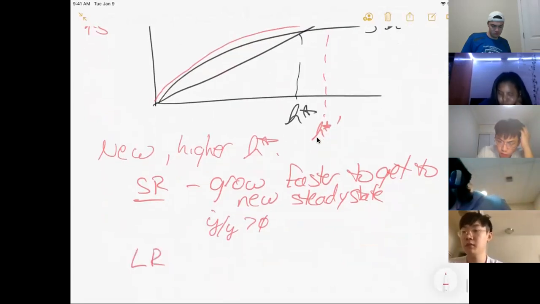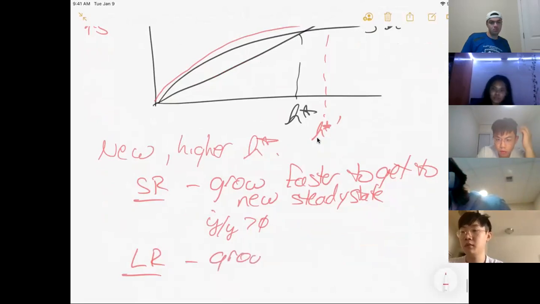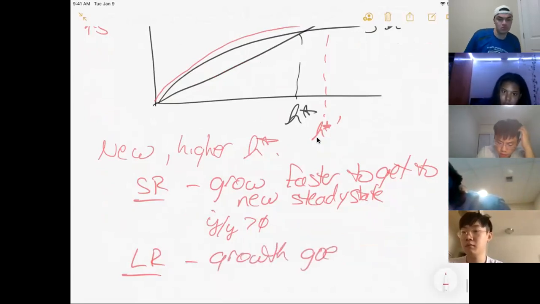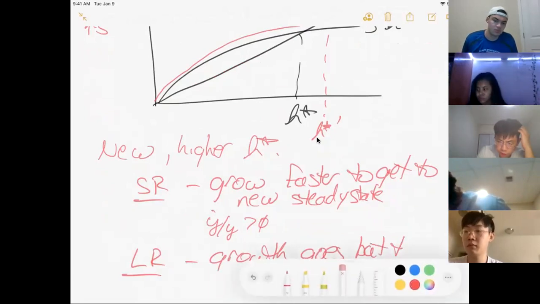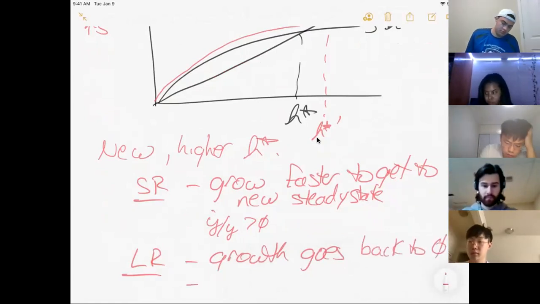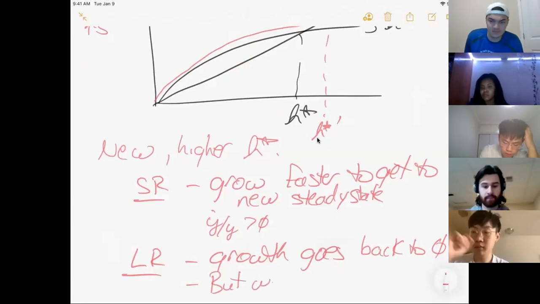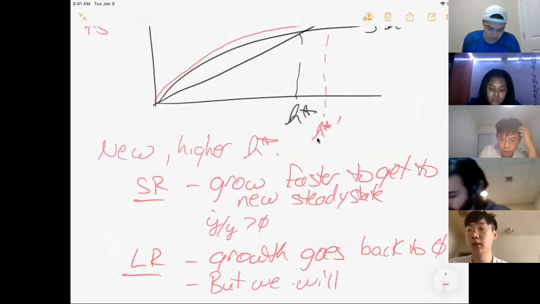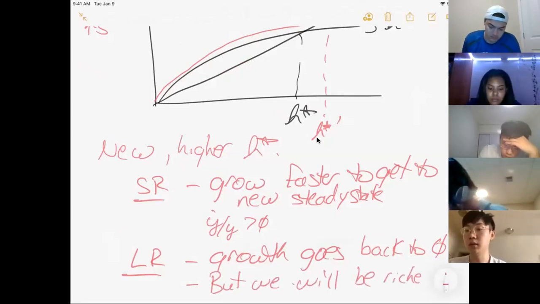But what's going to happen in the long run? Growth is going to go back to 0. But we will be richer, right?